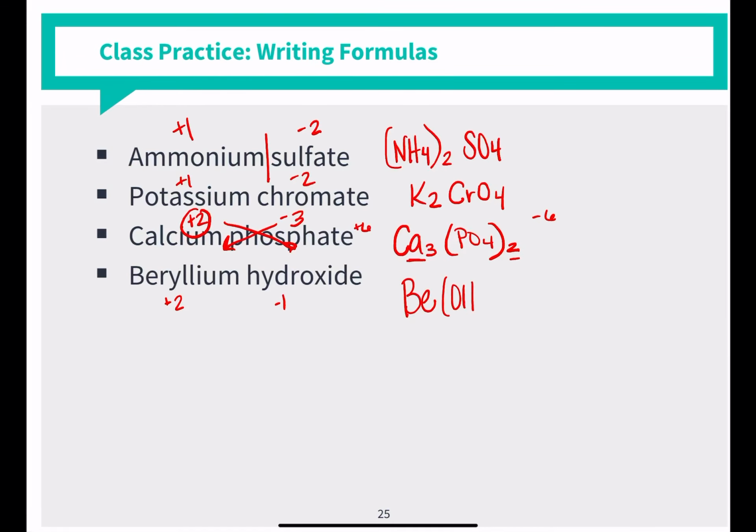Cross your charges, and so the 2 is going to go over on hydroxide to balance that beryllium charge, okay? None of these were transition metals, so you'll see that none of them had a Roman numeral written after them, okay? All of them were just either metals and non-metals.